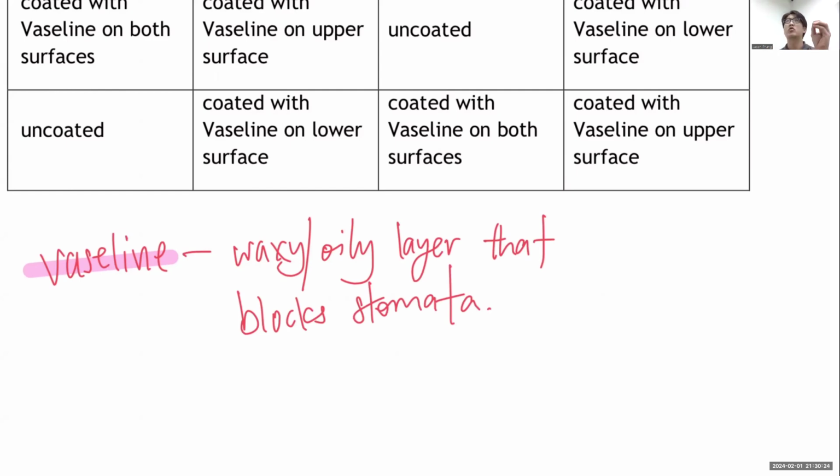Okay? So if I block the stomata, just now we wrote down, right? What happens through the stomata? Loss of water vapor. Then when the stomata are blocked, can the plant lose water vapor? Cannot.